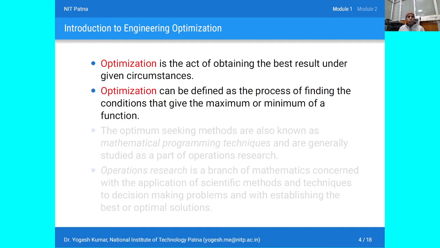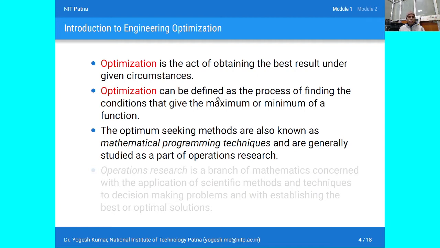Optimization can be defined as the process of finding a condition that gives the maximum or minimum of a function. These are also known as mathematical programming techniques and are generally studied as a part of OR.